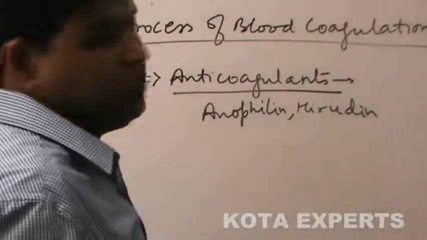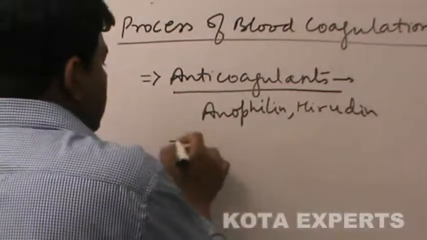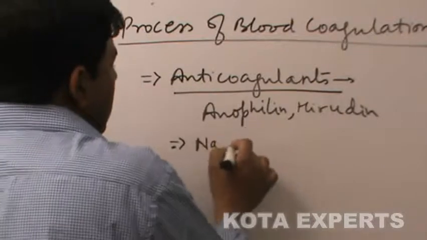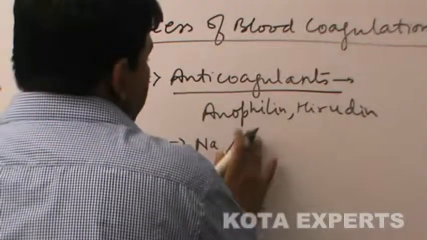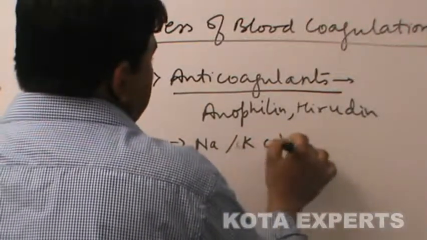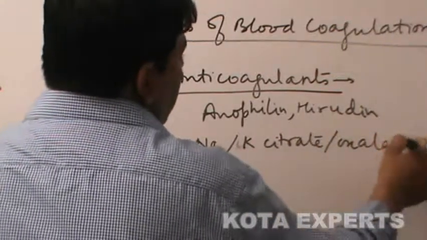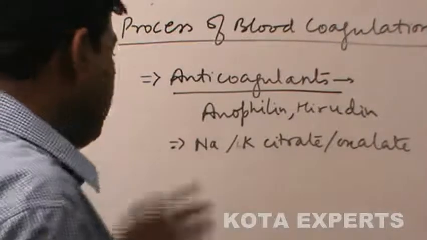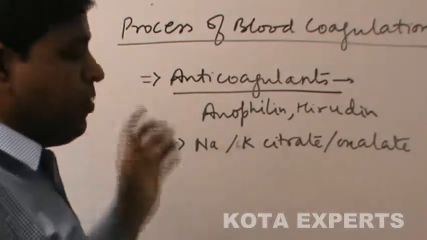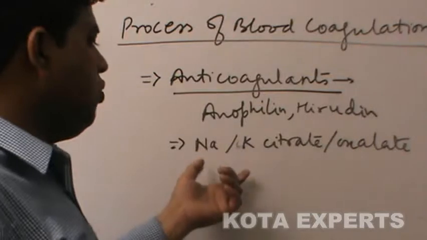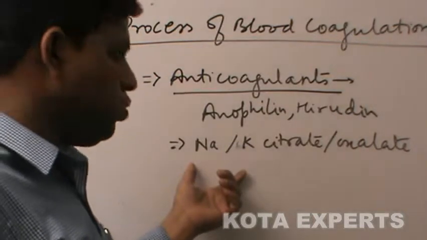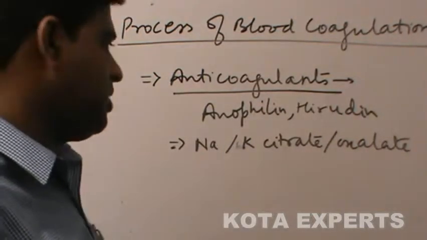Sodium or potassium citrate or oxalate are mixed in the blood to prevent clotting for the purpose of storage in blood banks.